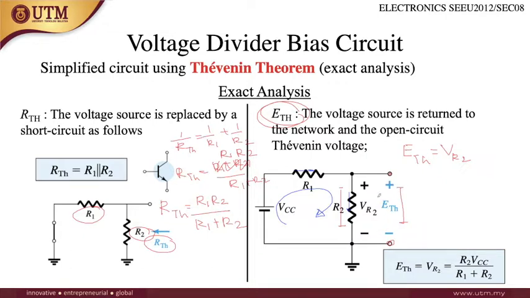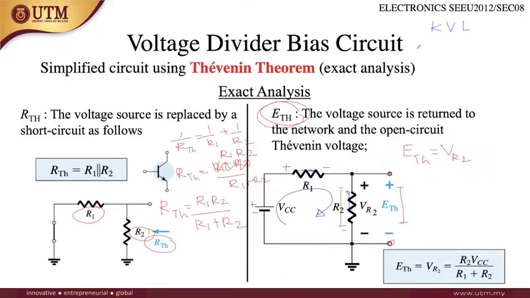So to find the current based on Kirchhoff's voltage law, this is minus, this is positive, positive, minus, positive, and minus.